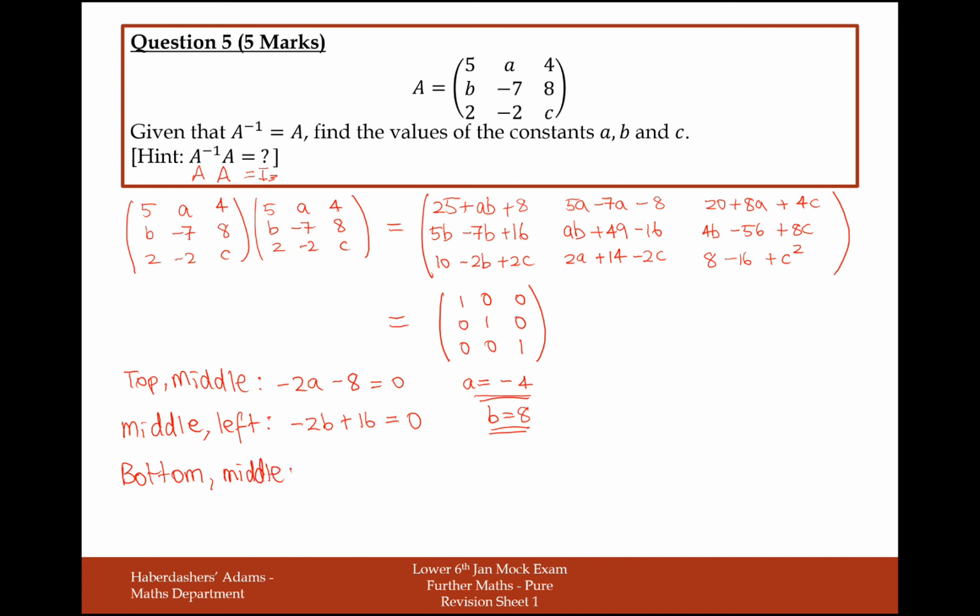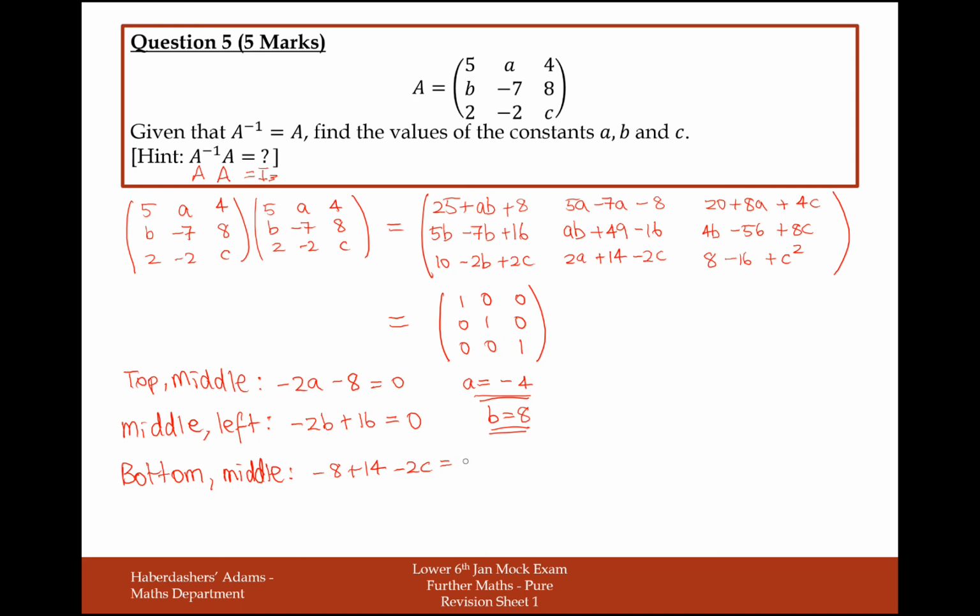So minus 2 times a, and a was minus 4, so I'm going to get a minus 8 here. Add on the 14 and take away 2c. And that will equal the same cell in the identity matrix.